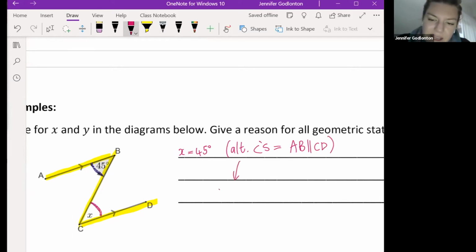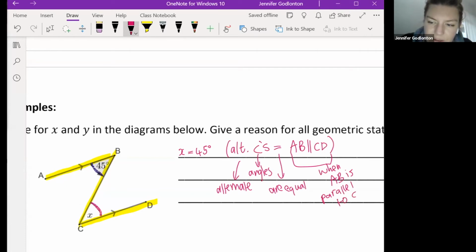What this means is alternate angles are equal when AB is parallel to CD. When we write math reasons, they may look like gibberish, but they're actually telling us why we know what we know. So this would be an important one to take a screenshot, picture or photo of.